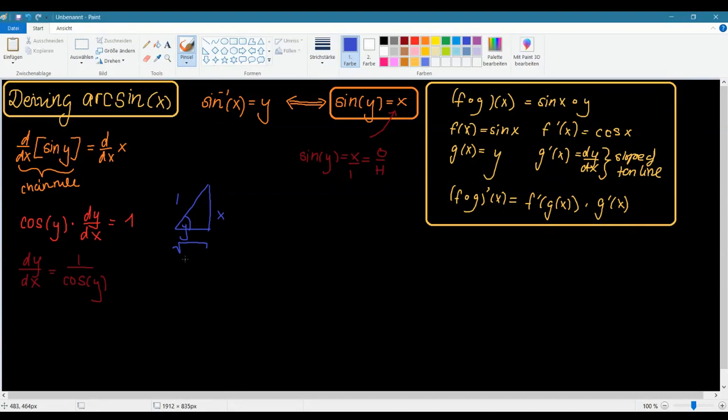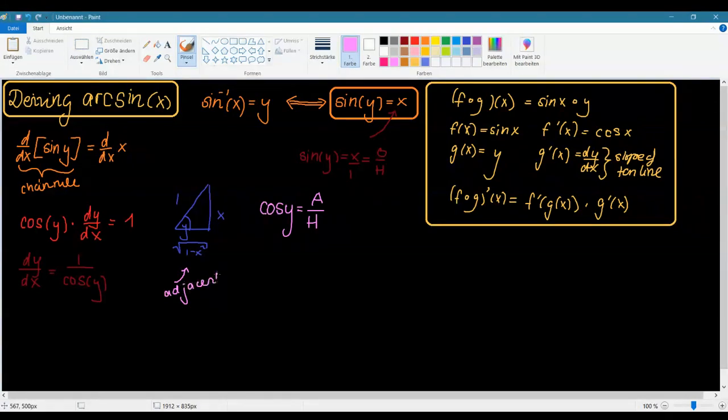Well, this length right here is going to be the square root of 1 squared minus x squared, which is just 1 minus x squared, because 1 squared is just 1. So now we have a triangle, and we can use the length we just got. We can go, well, what is cosine y? Cosine y is adjacent over hypotenuse. Well, we just figured out what adjacent was. This is adjacent, right?